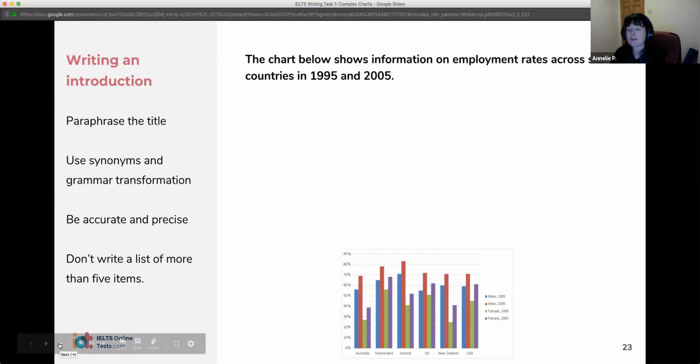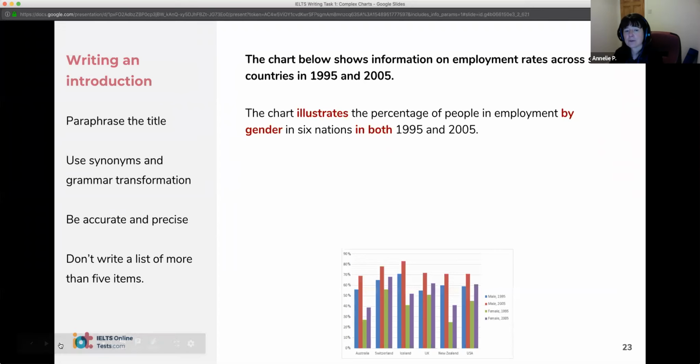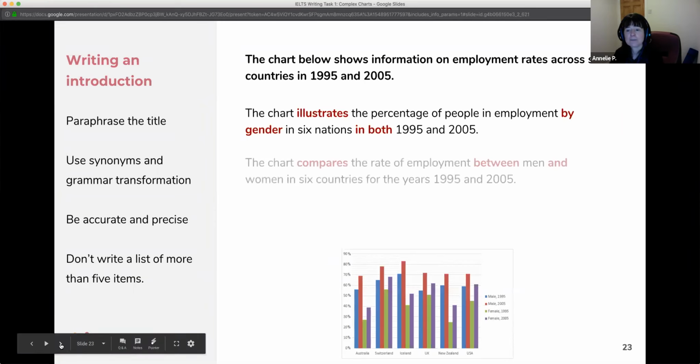Altanai, in the years of 1995 and 2000, 10 years apart. That's very good as well. Okay, so let's have a look at some different ways. So we have illustrates. A lot of people got illustrates. You could include the expression by gender. Okay. Between 1995 and 2000, that's good, Noza.